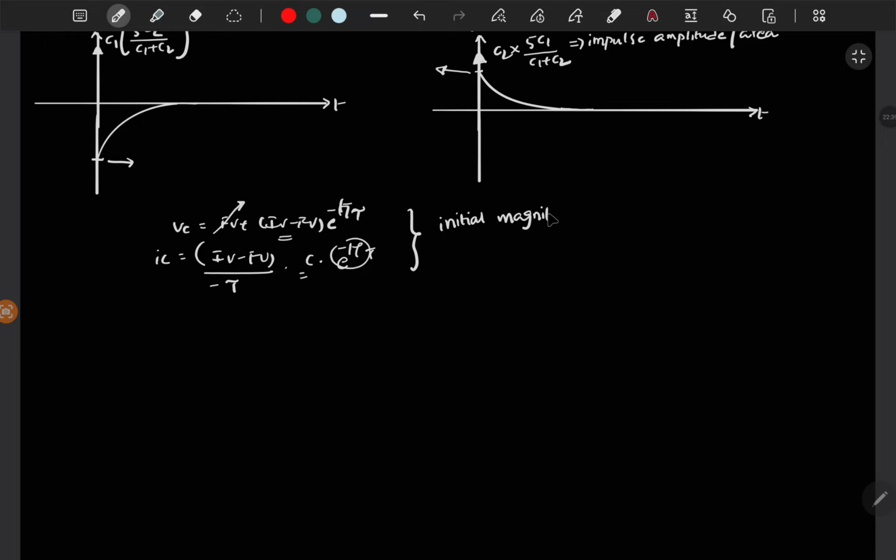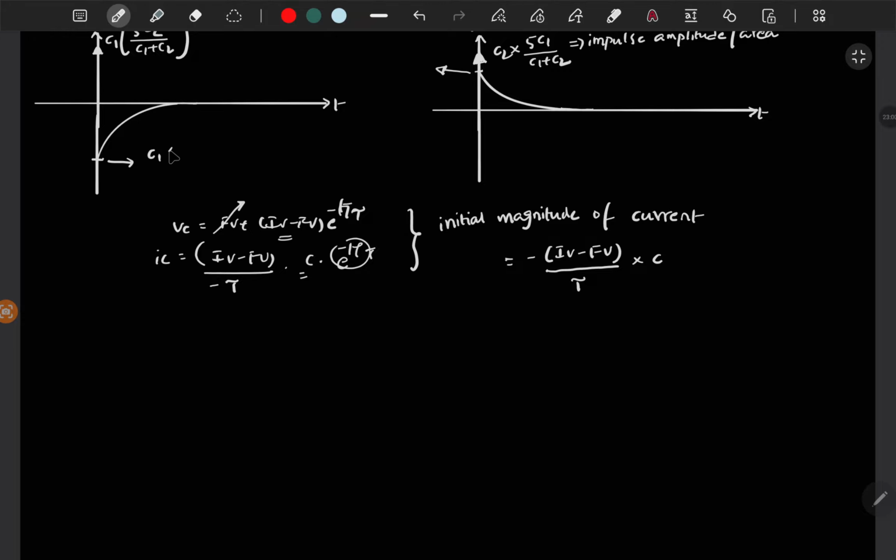So from this we can say the initial magnitude of current is equal to minus initial value minus final value by time constant, times the corresponding capacitor.